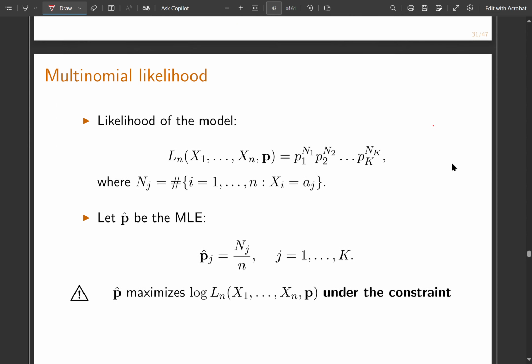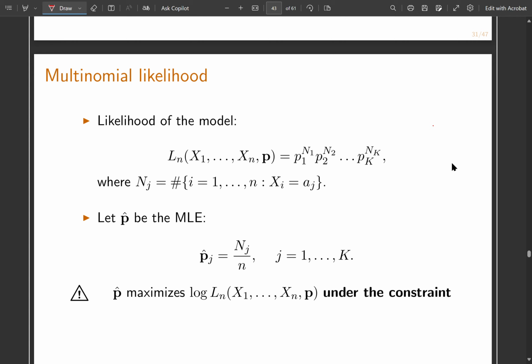Now, if you look at this slide, what we have here is X1 through Xn, and the distribution of P. These probabilities of each possible outcome are called modalities.